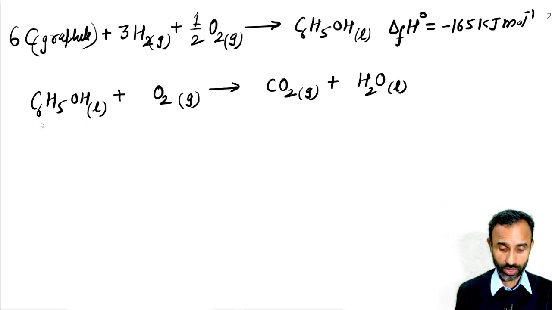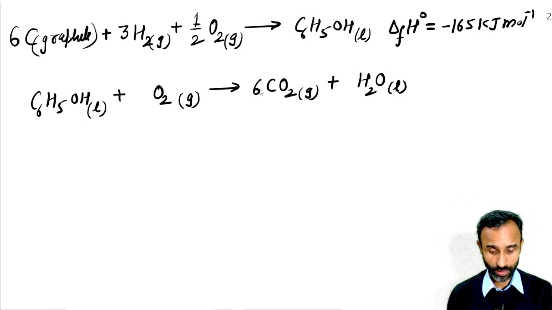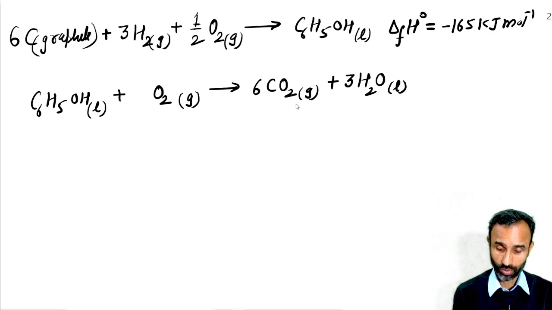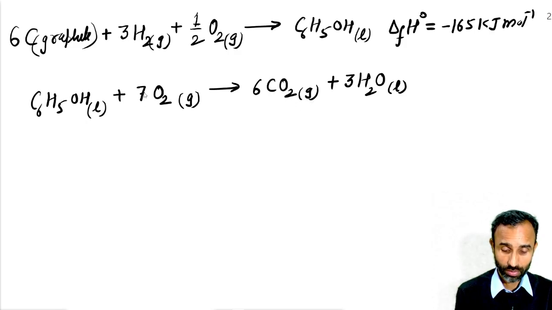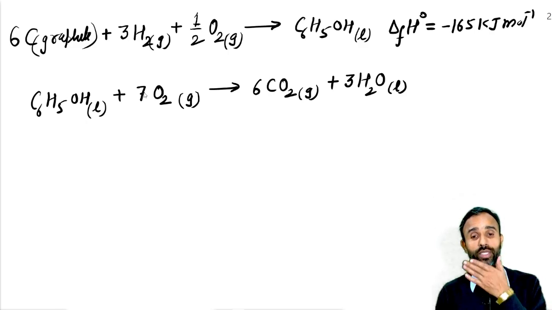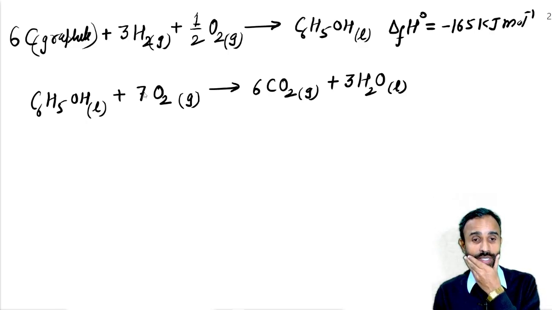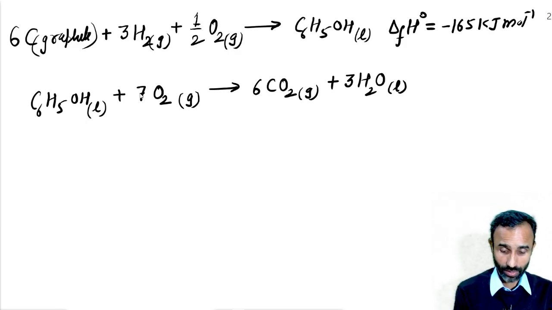There are 6 carbons, so 6 CO2 and 3 H2O. So the oxygen is 15 by 2 for O2, right, because 1 oxygen is in the phenol. So this is the equation.